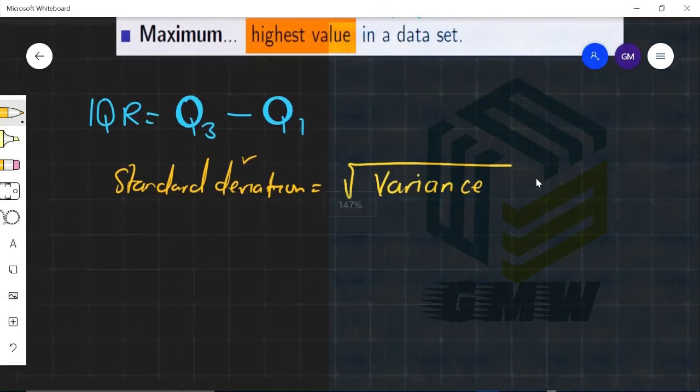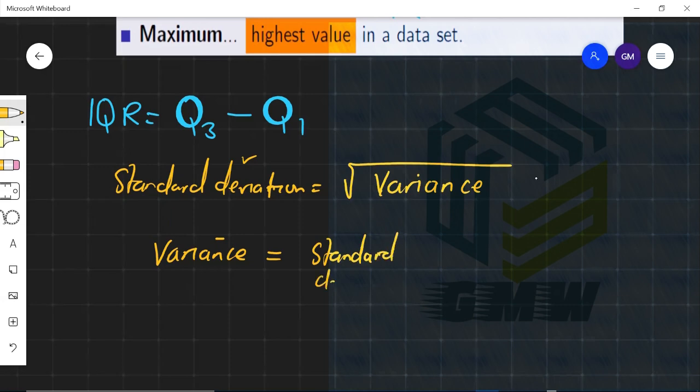So if you manage to get variance, you can get standard deviation. And if you get standard deviation, you can get variance by saying variance is equal to standard deviation squared, because you square both sides of the equation.